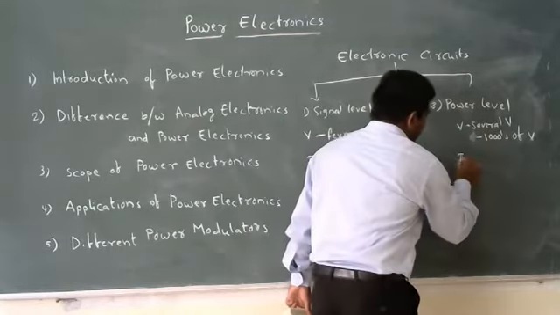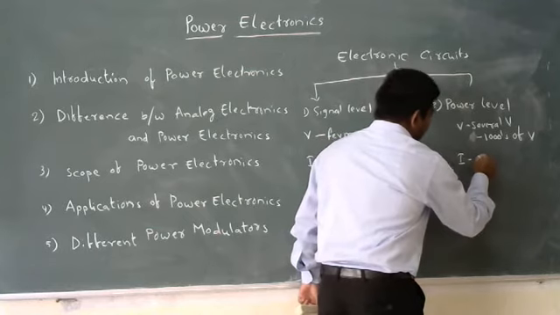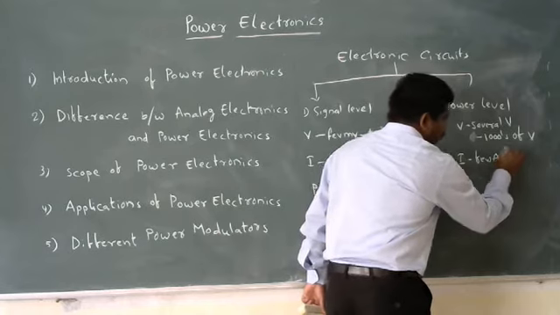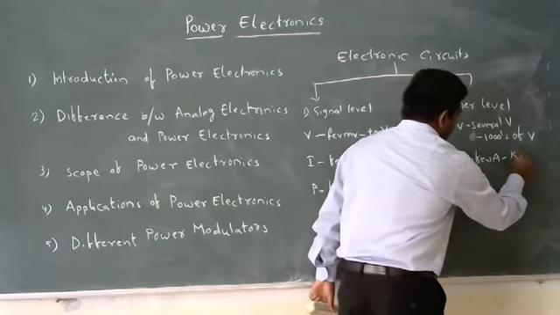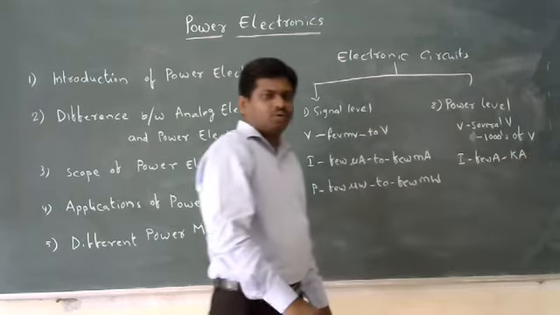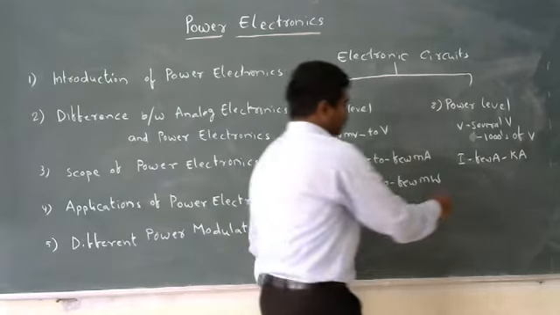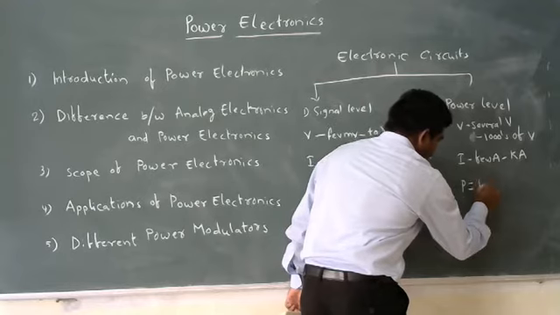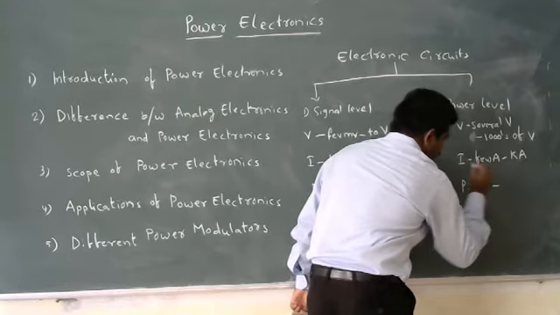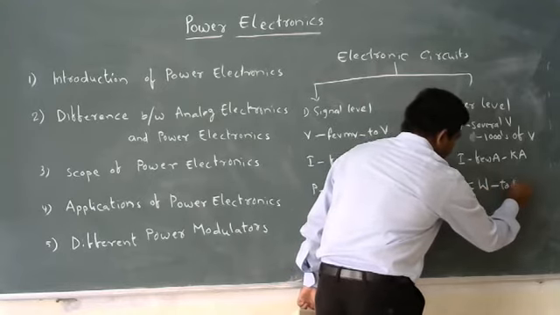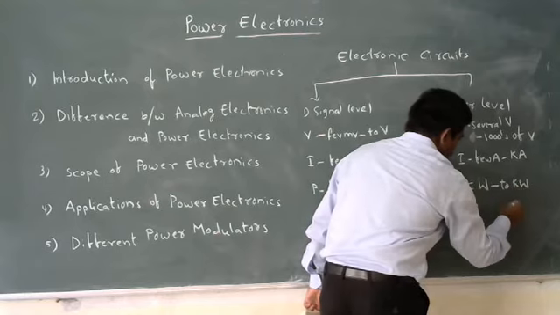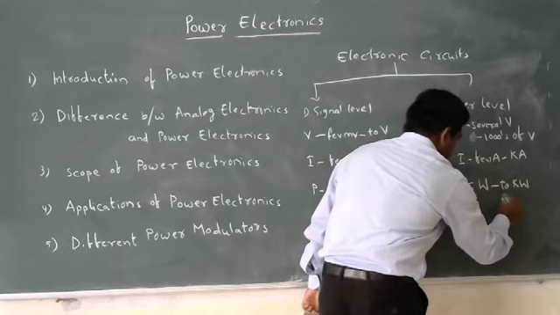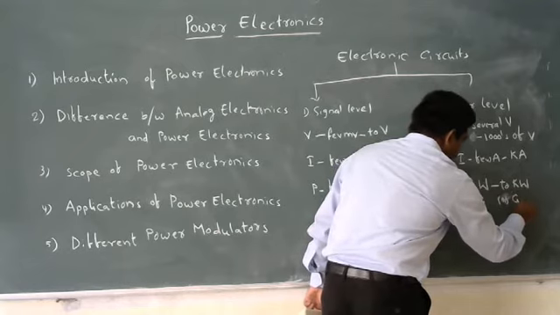When you see the current value, it is from few amperes to kiloampere. When we see the power, from some watts to kilowatt or sometimes gigawatt.